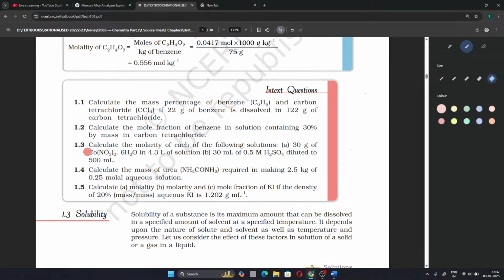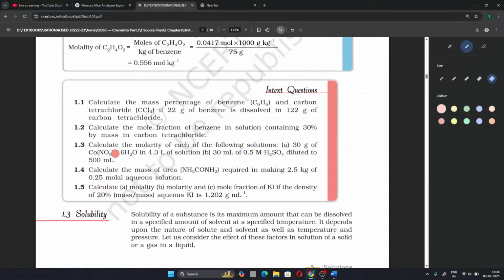The third question: calculate the molarity of each of the following solutions. 30 grams of Co(NO3)2·6H2O in 4.3 liters of solution. Basically, for molarity, they gave the mass of Co(NO3)2·6H2O in 4.3 liter solution.